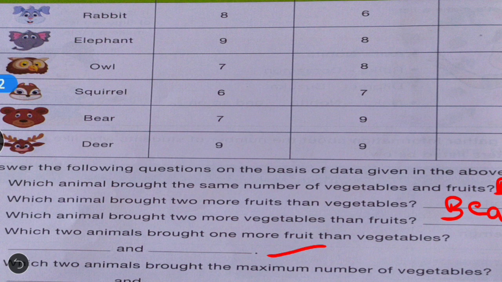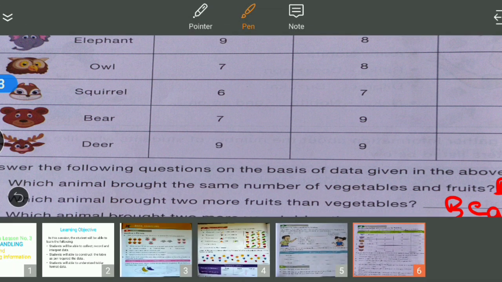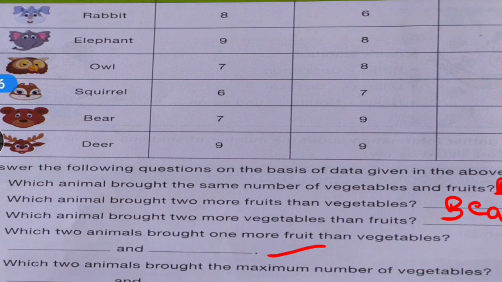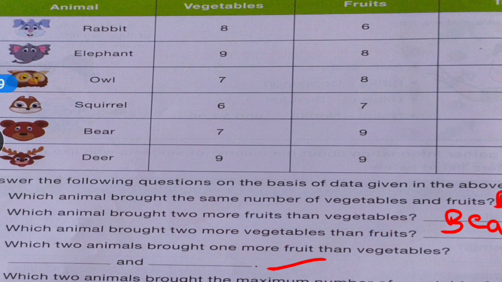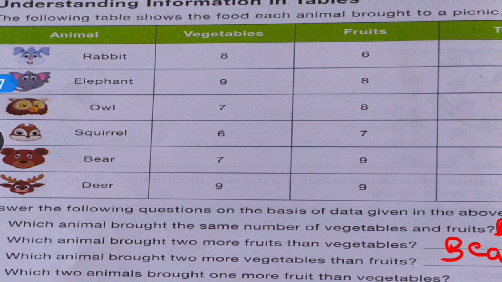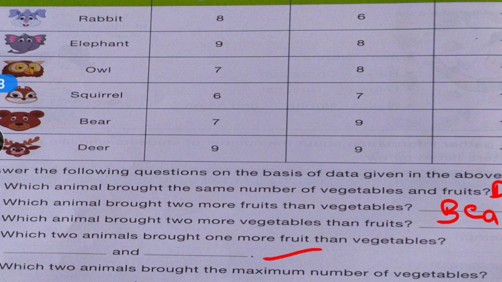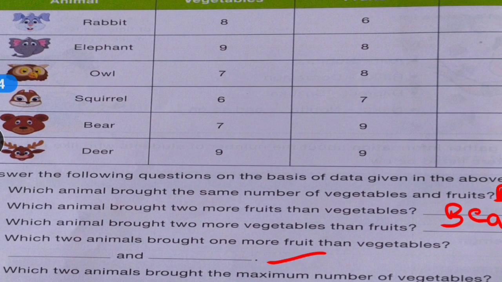Okay, now the next question. Which animal brought two more vegetables than fruits? Two more vegetables than fruits means you have to compare the vegetable and fruit columns. Third question: which animal brought two more vegetables than fruits?